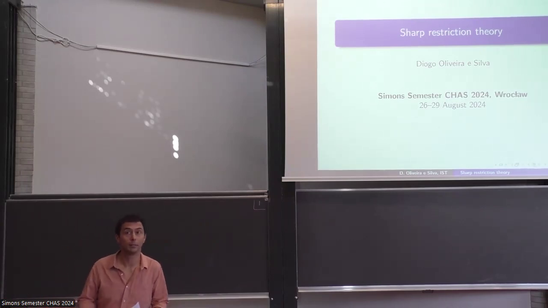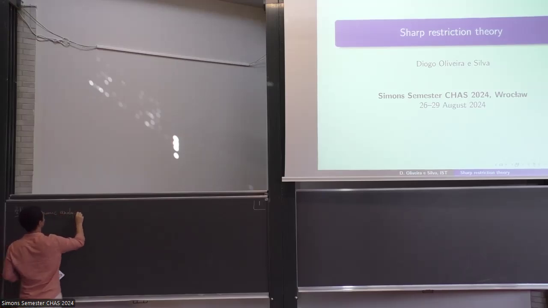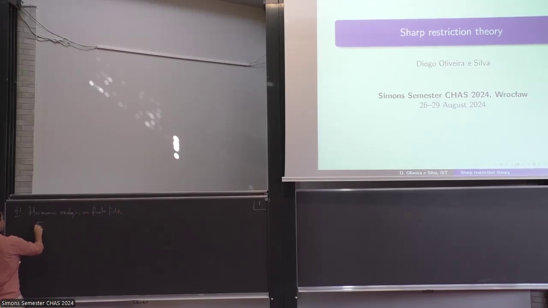So we'll be focusing on finite fields. Let me start with the introduction: Fourier analysis on finite fields. So F will be a finite field. Sometimes I will write F_q, with the subscript indicating that it has q elements.